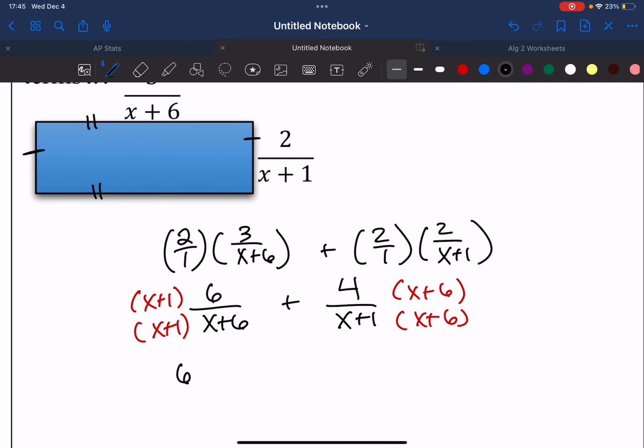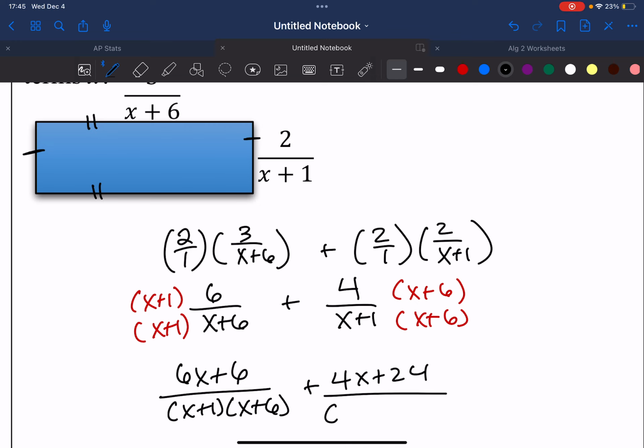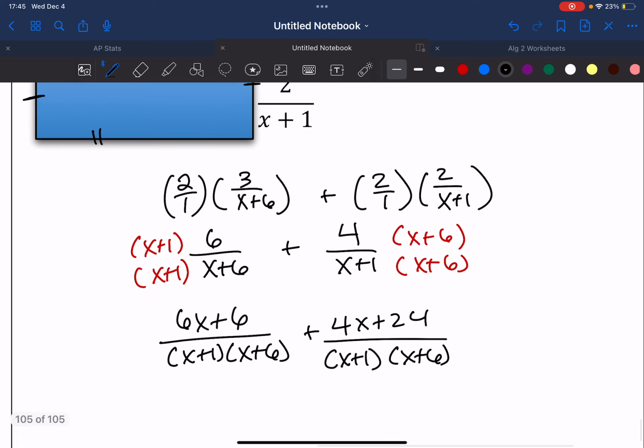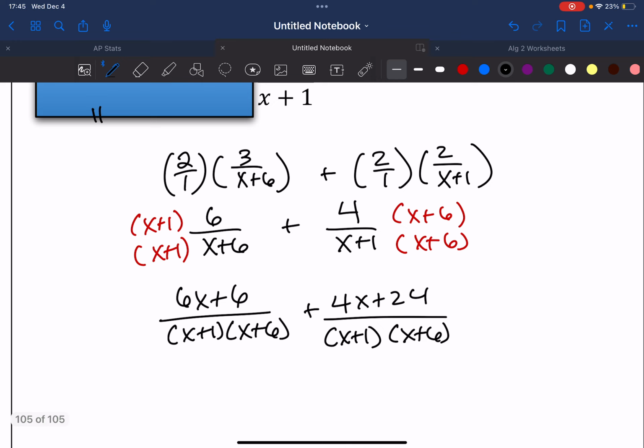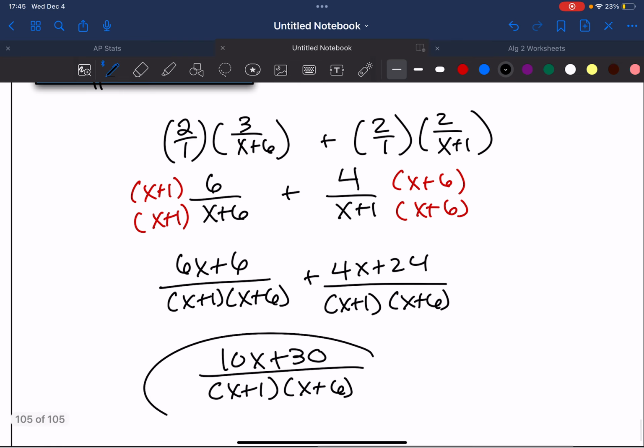And I get 6x plus 6 over x plus 1 times x plus 6 plus 4x plus 24 over x plus 1 times x plus 6. Now that I have common denominators, I can add the numerators together, and I get 10x plus 30 over x plus 1 times x plus 6, and this is my answer.